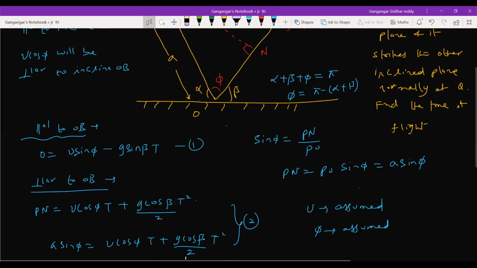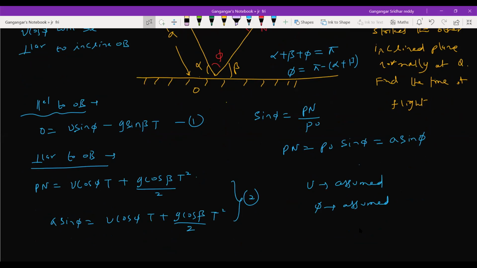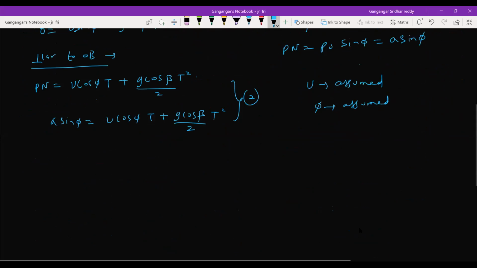Fine. Okay, now solving this, you can ask what our equation one is. In equation one, U is unknown, I should eliminate U. Phi, I'll get from pi minus alpha plus beta. But U, I don't know. So therefore, I'll write one more equation. I'll eliminate U from here. I'll solve for T. I'll get the required answer. You can also get the value of U. I'll write down the answer. You will later on clarify it.